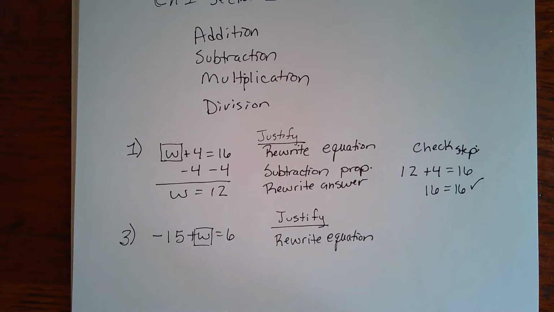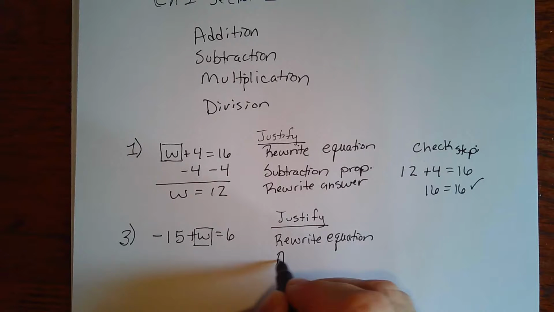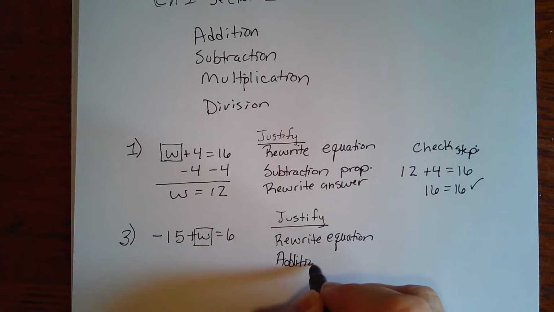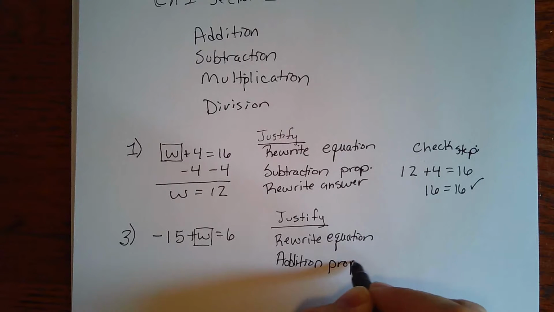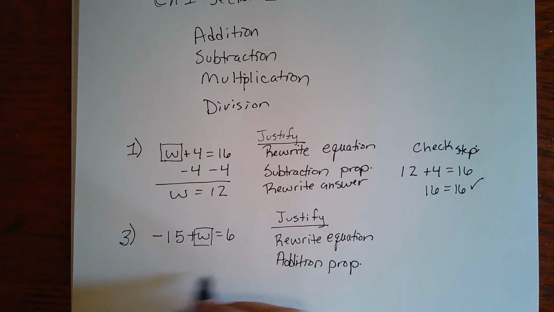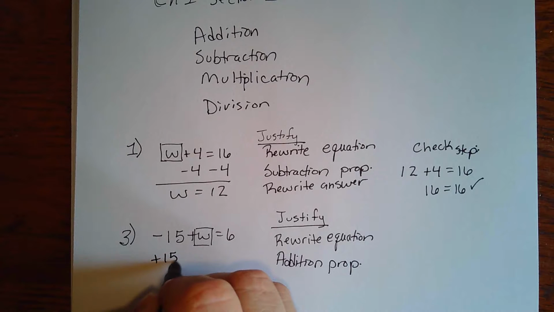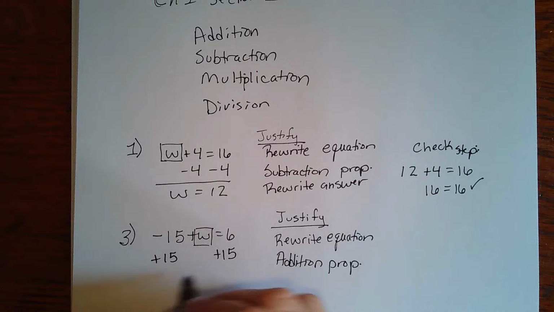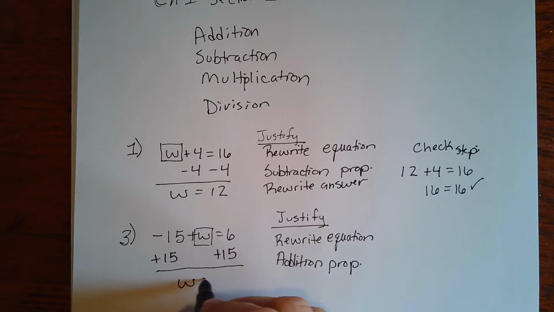So since the 15 is considered negative, that's also the same as saying that it is a subtraction. The opposite of subtraction, we know, is addition. So we're going to use the addition property to move the 15 across. I'm going to add the 15 to both sides of the equation, and I get W equals 21.